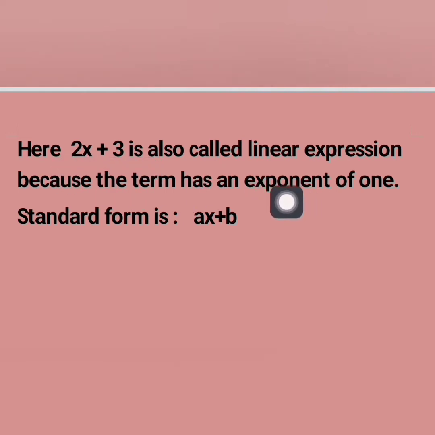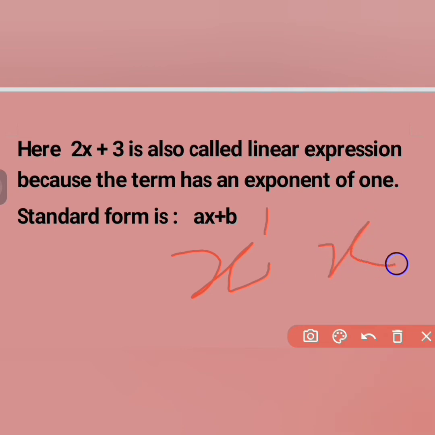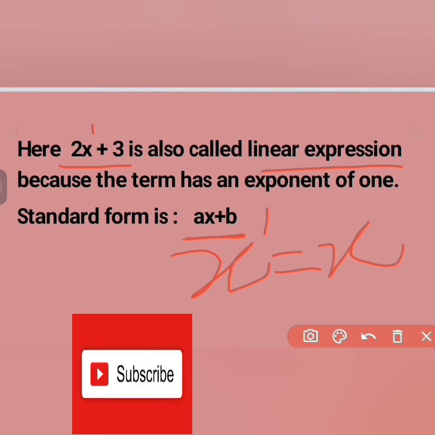So our exponent is 1. Basically, in linear expressions, the power of your variable should be 1. Both of these are equal. So an algebraic expression with power 1 is also called a linear expression, and this is the standard form of your linear expression.